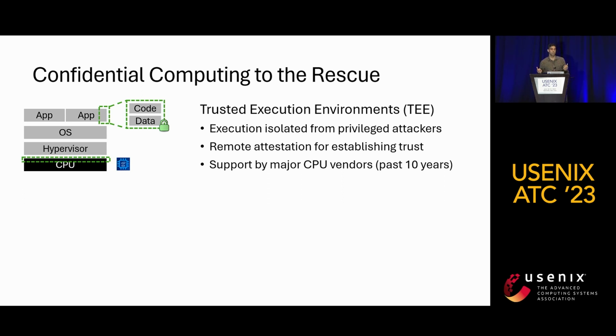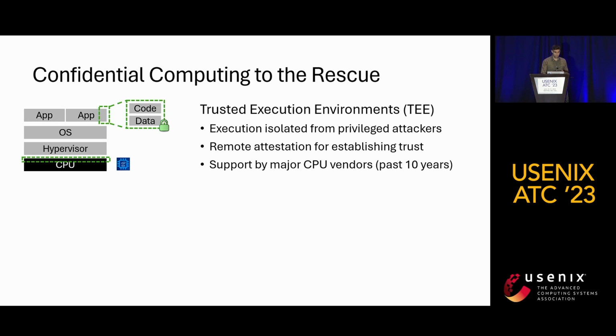And the hardware, in turn, gives the tenant the ability to create secure environments where they can host their most sensitive, privacy-sensitive code and data. Now, in order to bootstrap these environments, the hardware provides a mechanism called remote attestation, which allows the tenants to verify that they're talking with an environment that hosts their code. And only then will they transfer the data into that environment.